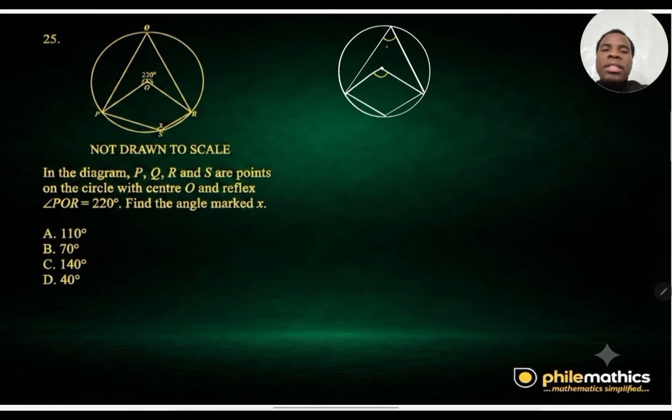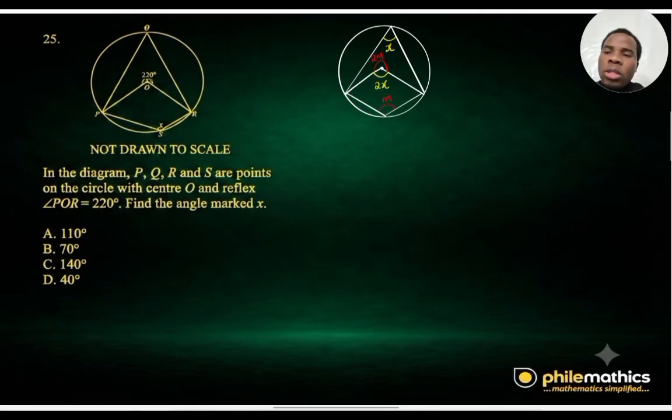What that means is, if this is x, this is 2x. Likewise, this angle here is twice this angle here. What it means is, if this is m, then this is 2m. That is exactly what we have here.